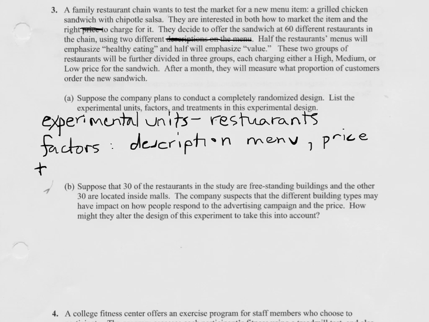And the treatments are, okay, we're going to cut them in half first with healthy eating and the value, and then these 2 groups will be further divided into 3 groups, each charging a high, medium, and low cost.